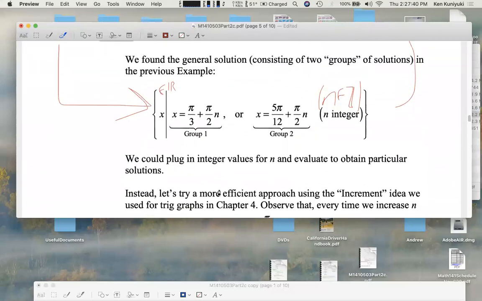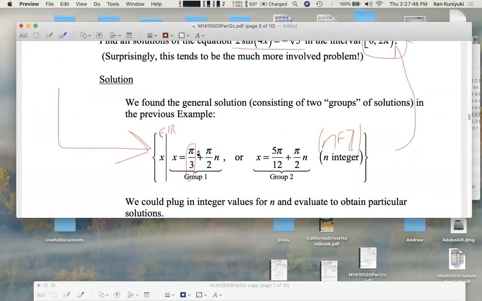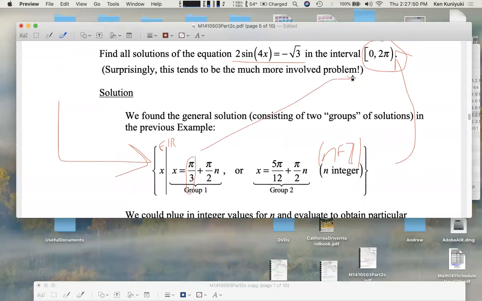So here's the idea. If we start with n equals 0, and we will, then we cover this term up and we're left with pi over 3. So pi over 3 will be a particular solution in this interval. But then we're going to let n equal 1, 2, and so forth. We'll see how far we have to go before we hit 2 pi or beyond.